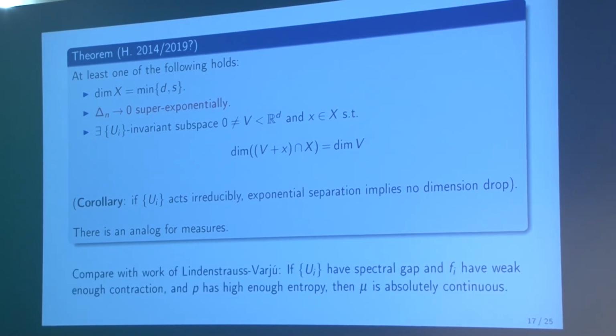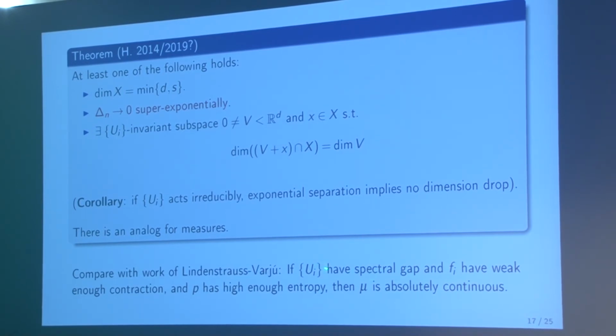I would mention that there is a related result by Lindenstrauss and Varju, from around the same time, 2014 or so, which used completely different methods. Assuming that the rotation matrices have a spectral gap, which means we're in dimension 3 or up, and assuming that the contraction is weak enough and that the entropy of the probability vector p is high enough, they show that the measure is absolutely continuous, and so has dimension d.